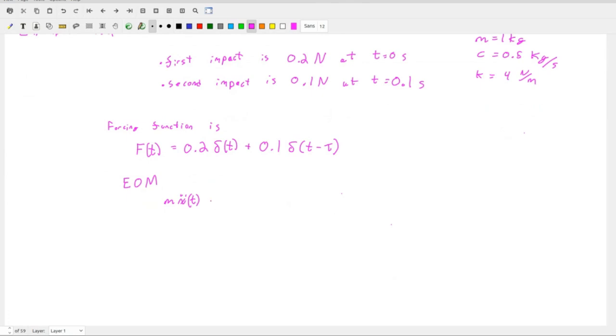m x double dot t plus c x dot plus k x is equal to 0.2 delta as a function of t. Take the Laplace of both sides and ignore the initial conditions.